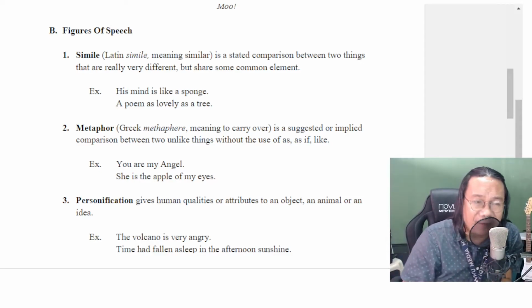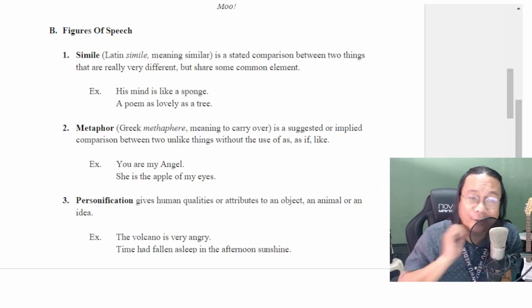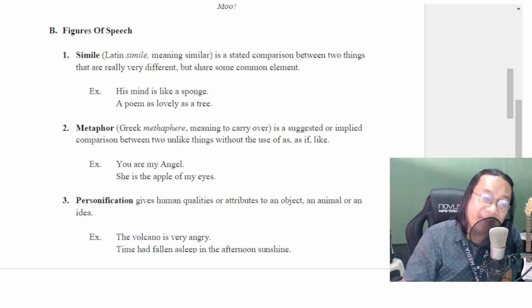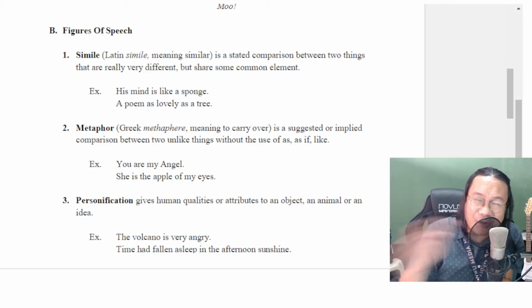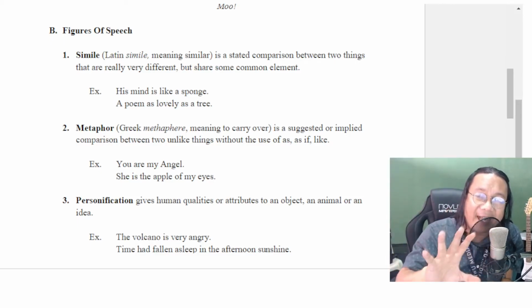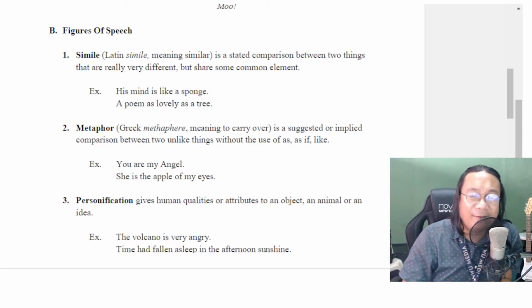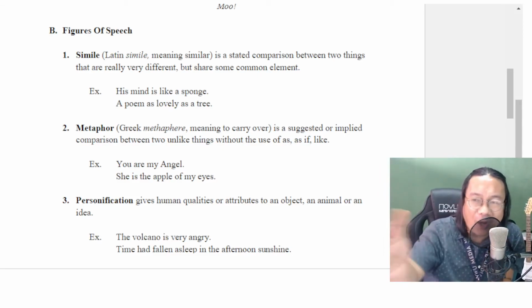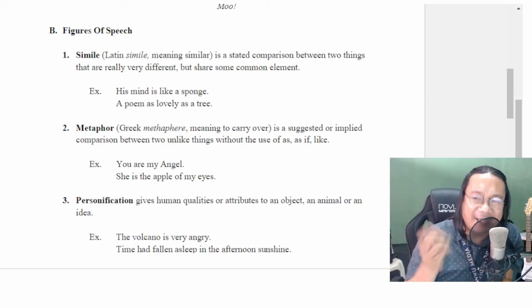The next figure of speech is metaphor. From the Greek word metaphere, meaning to carry over. It is a suggested or implied comparison between two unlike things without the use of as and as if. For example, you are my angel. In Tagalog, ikaw ay ang aking anghel.